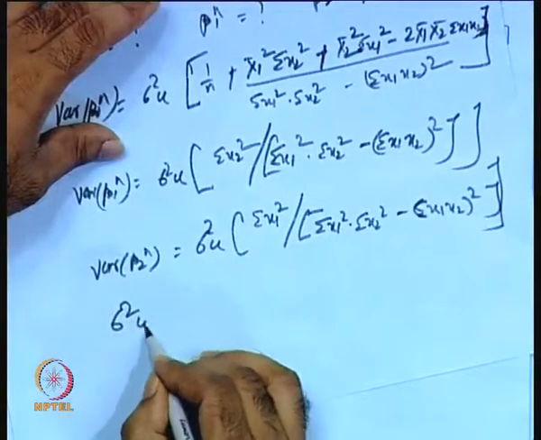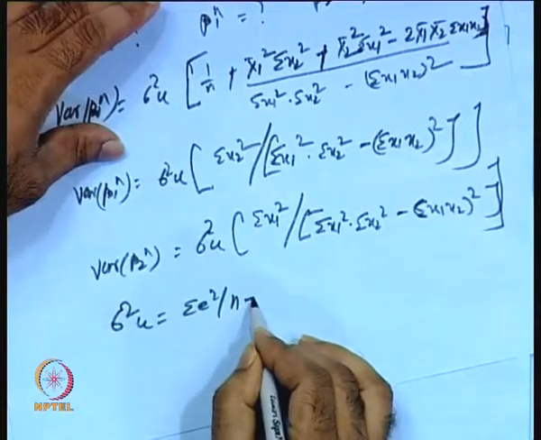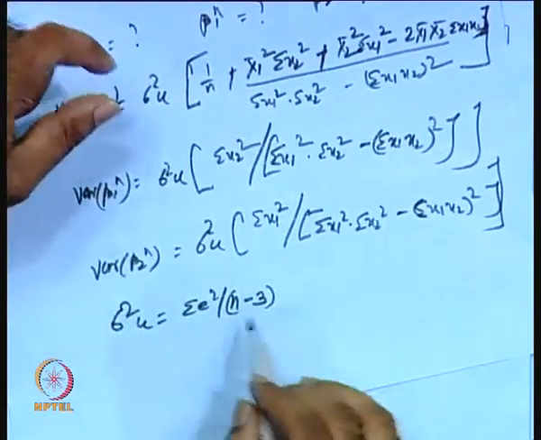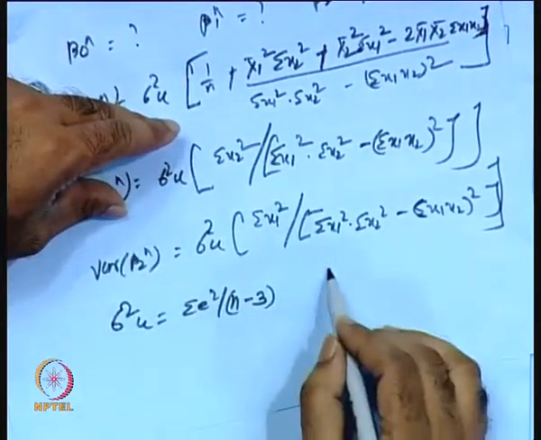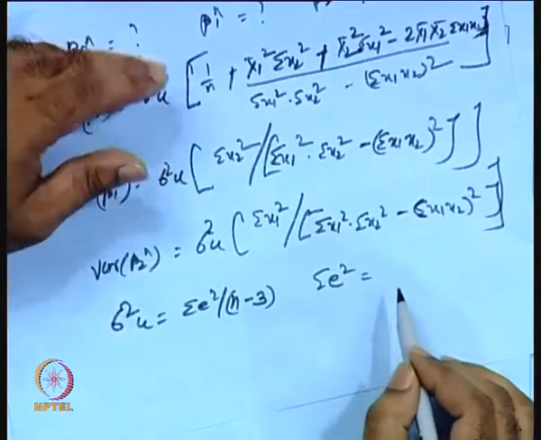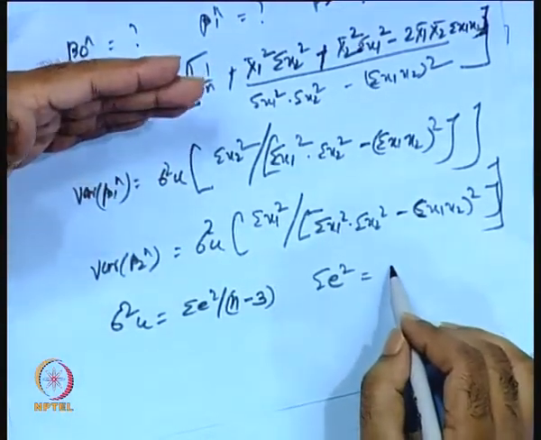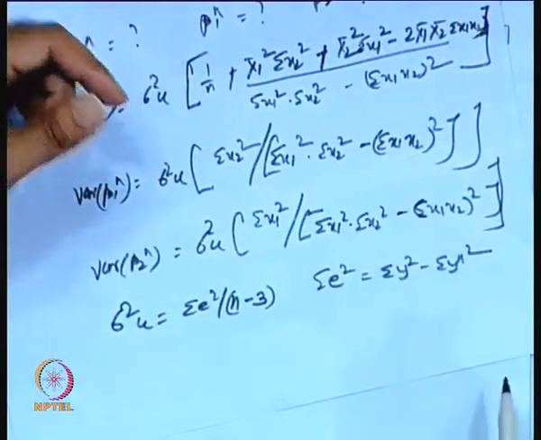Sigma square u is equal to summation e square by n minus k. Obviously, in this trivariate case it will be n minus 3. So, sigma square u equals summation e square by n minus 3. Now we would like to know what summation e square is. Summation e square is the error sum of squares, which is nothing but summation y squares minus summation y hat squares.